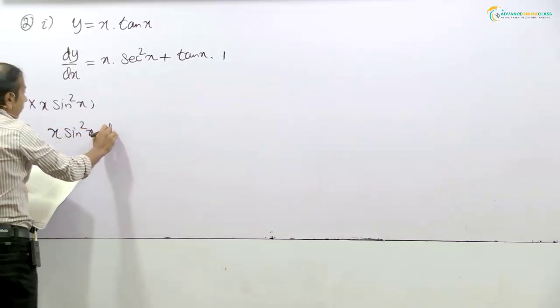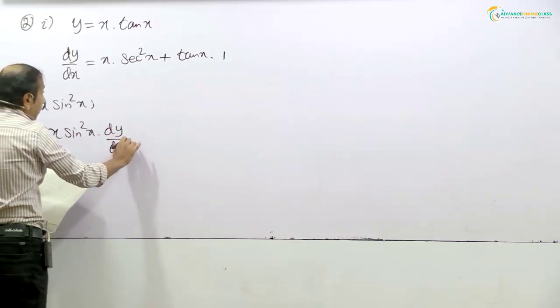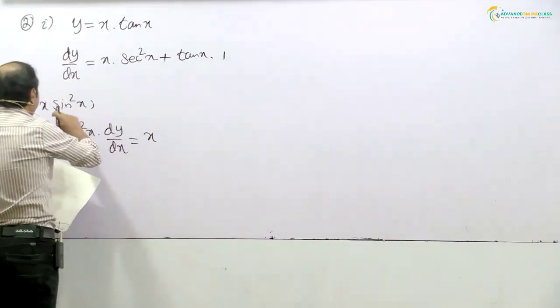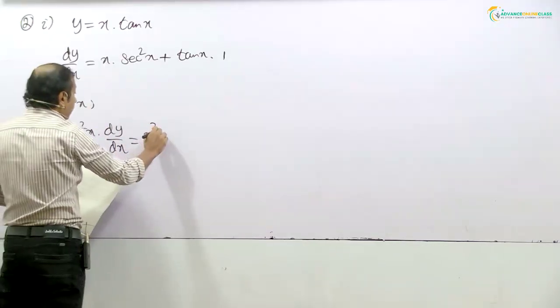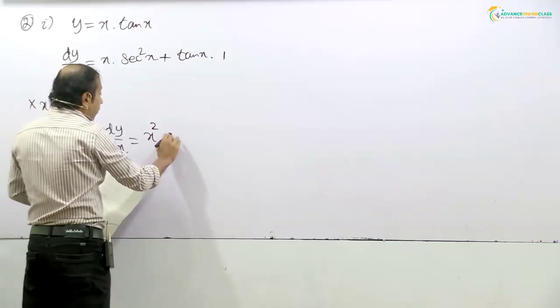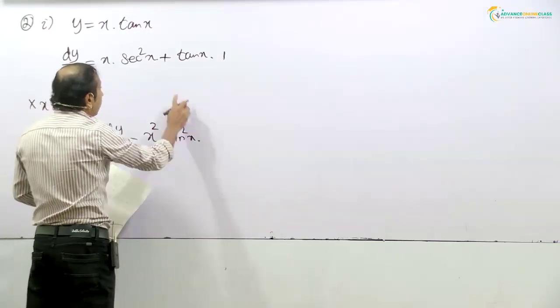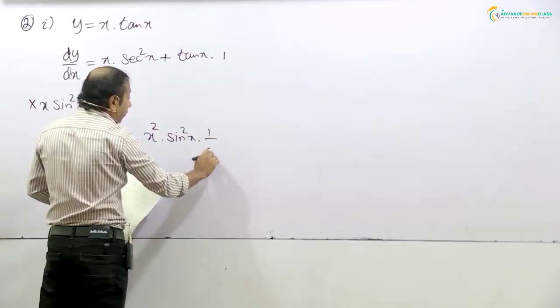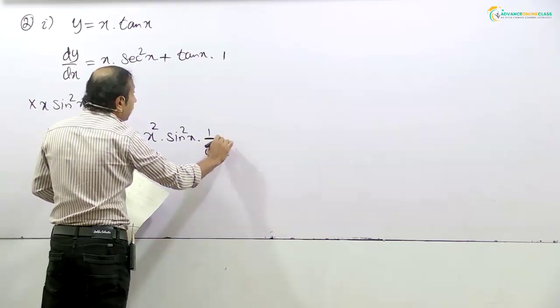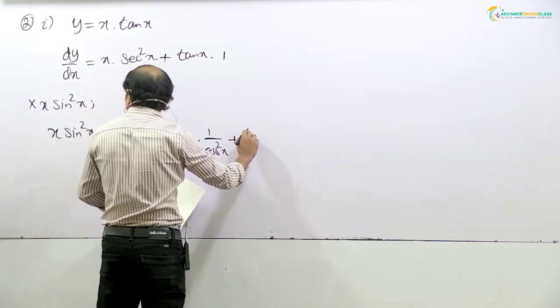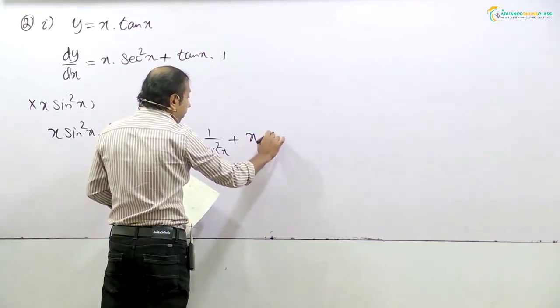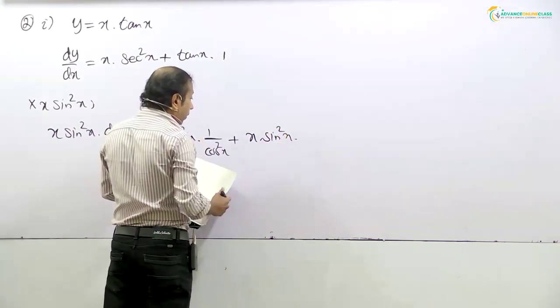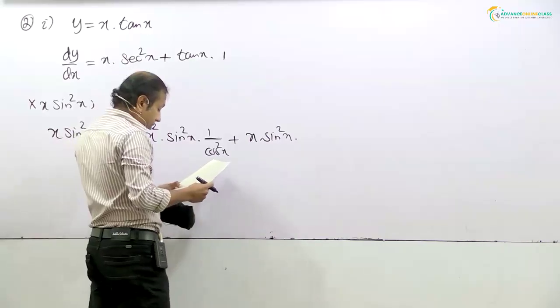x sin squared x dy by dx is equal to this x and this sec squared x times x sin squared x. This sec squared x I can write as 1 over cos squared x. x sin squared x, and tan x we have.